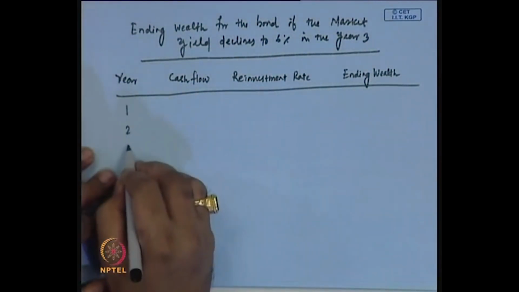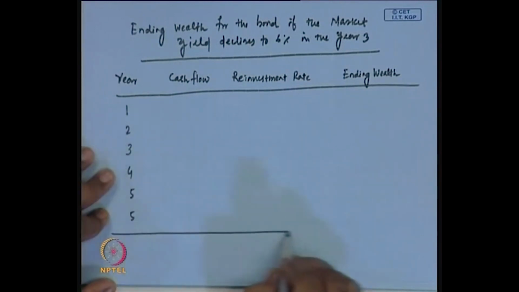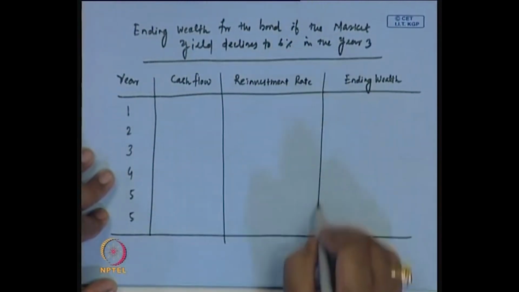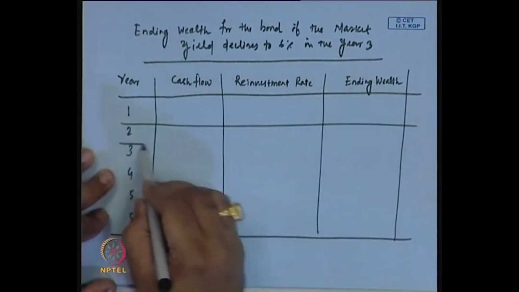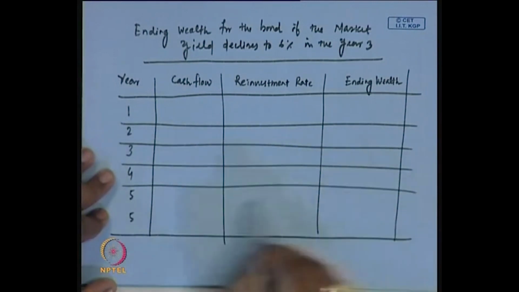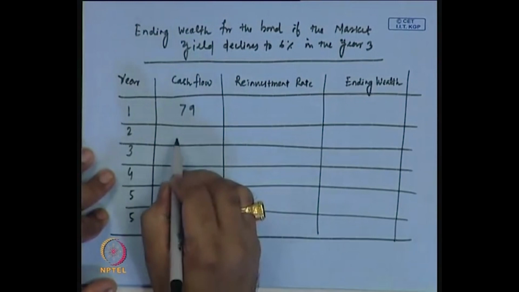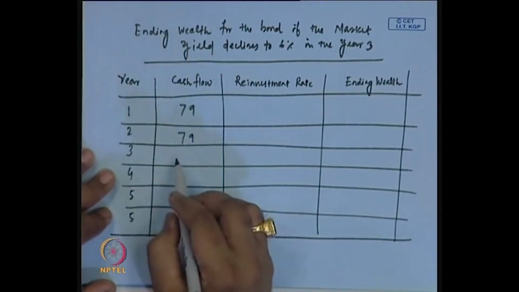Years 1, 2, 3, 4, 5, and the end value. The cash flow in the first year is 79, and the second year also 79, because the coupon is not changing.